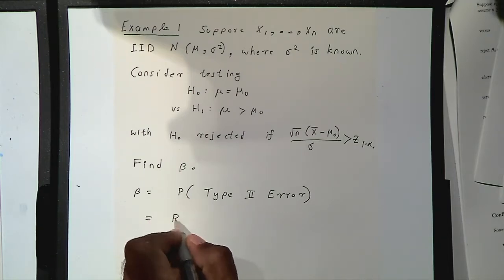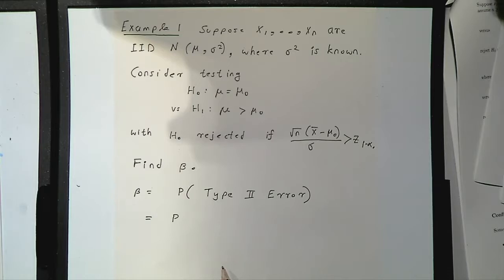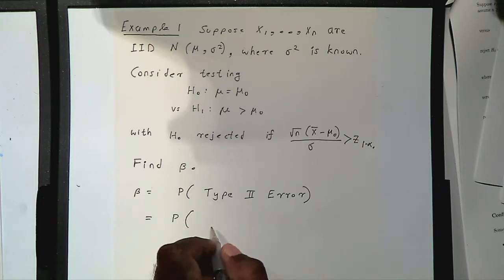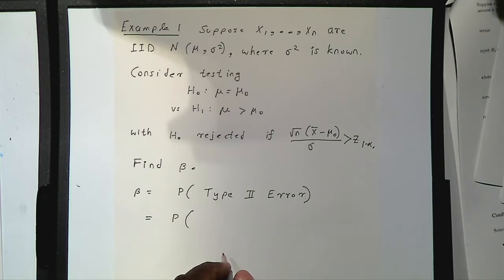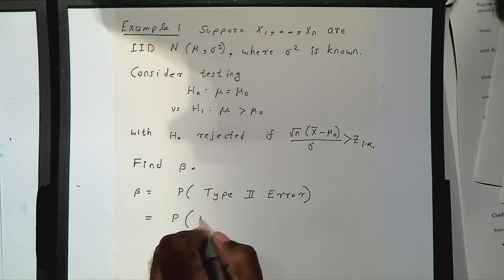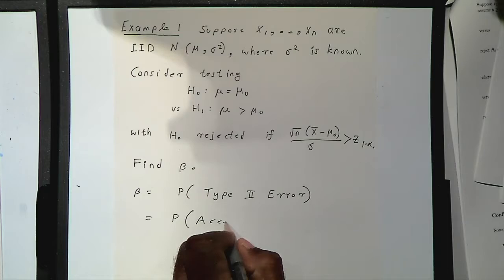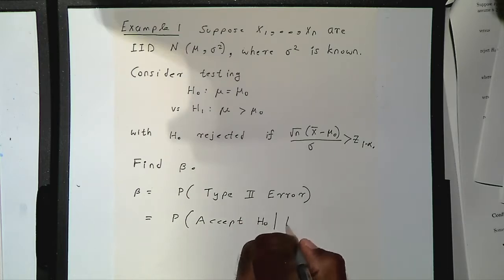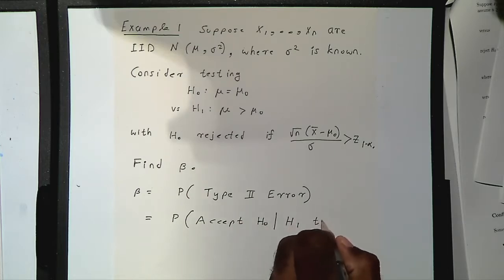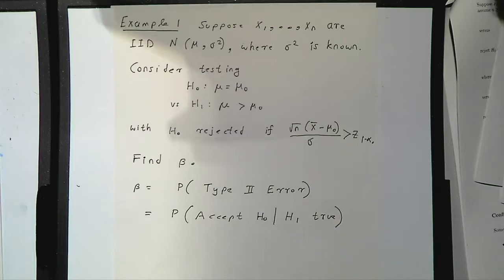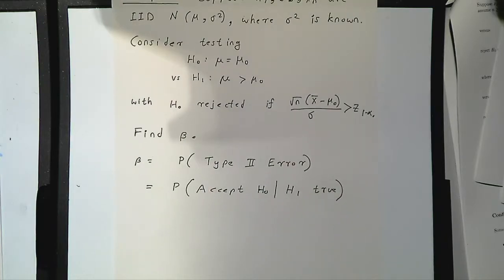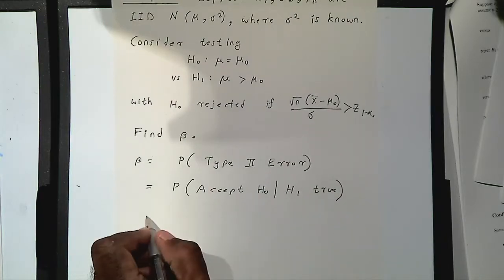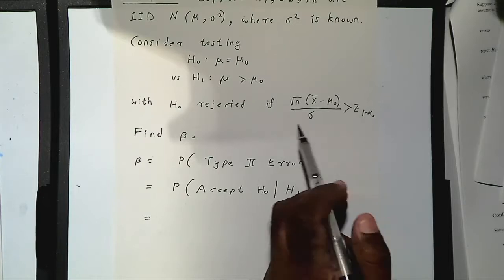It's the probability of, do you remember what a type 2 error is? Huh? You accept... yes, all right. Now, this is the rule for rejecting the null hypothesis.